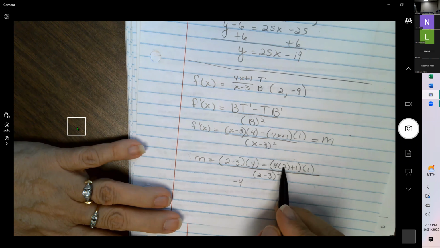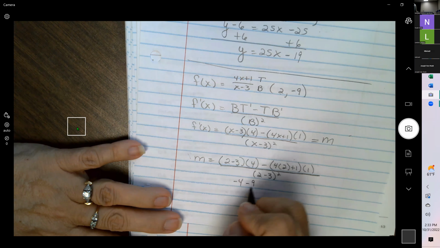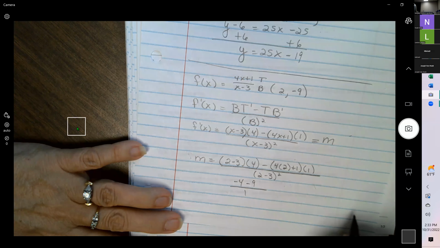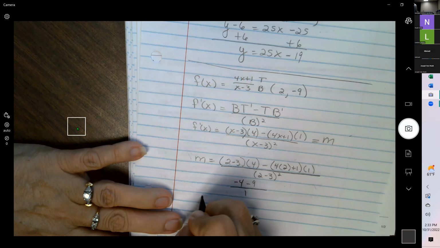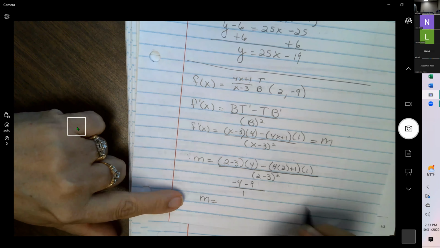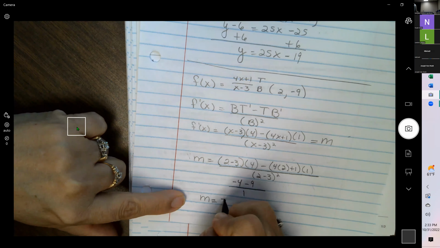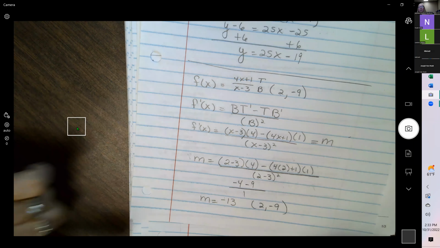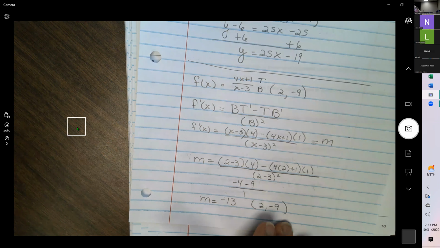This is 8, 9, negative 9 over negative 1 squared is 1. Now we have our slope and our point. Any questions on that?